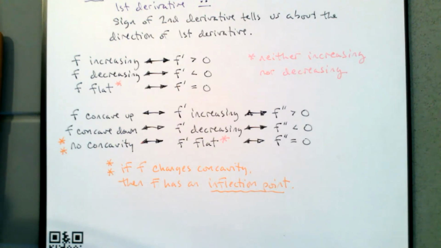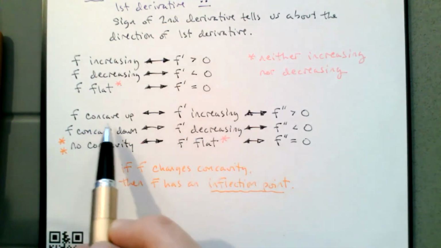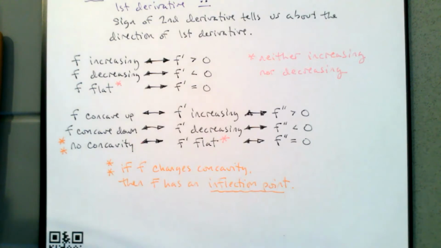We see that it's increasing, so the first derivative will be positive. And we might notice that the function is increasing at an increasing rate. That would represent a function where the values are increasing and the function is concave up, which means the amount of increase is also increasing.